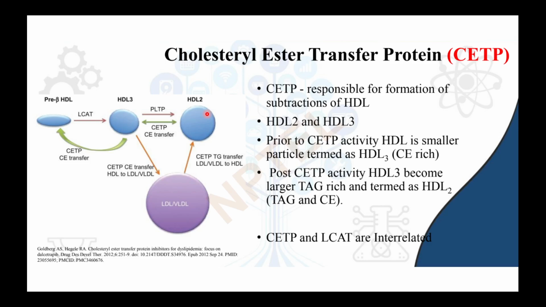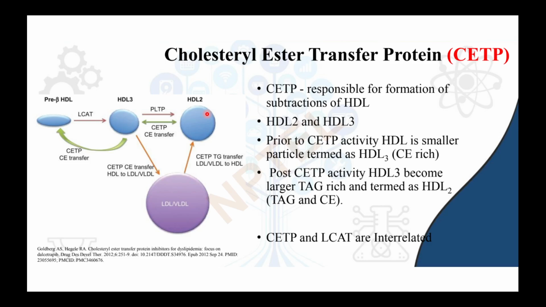HDL2 is slightly bigger in size because it has more triacylglycerol and fewer cholesterol esters, where the cholesterol esters went to the other lipoproteins, LDL and VLDL. So CETP is responsible for the formation of subfractions of HDL.